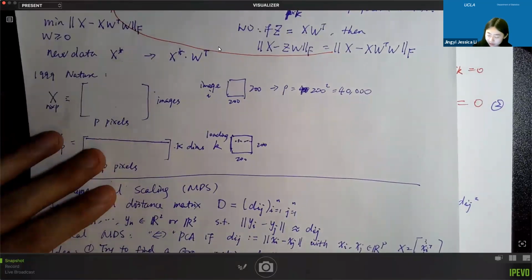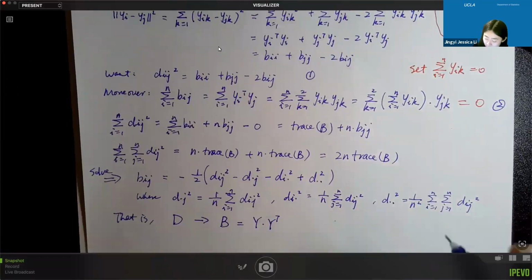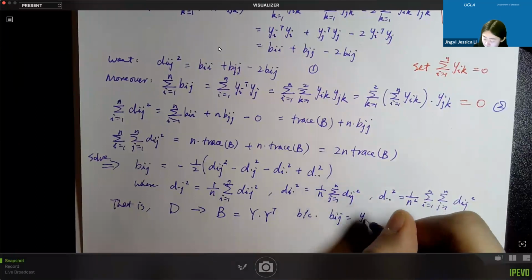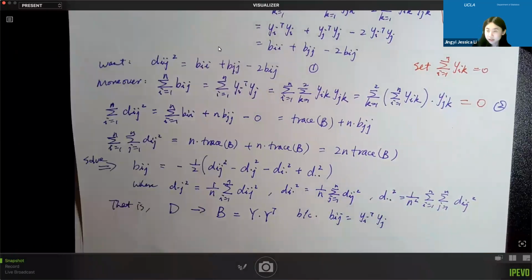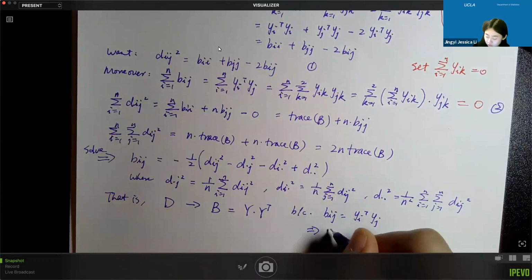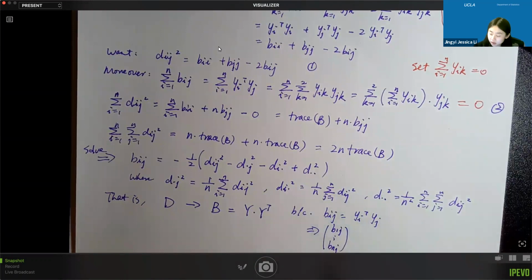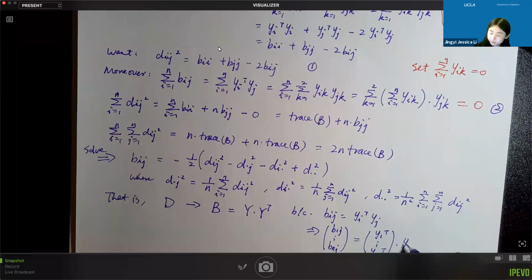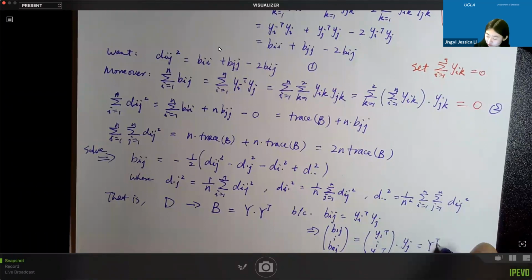I should lay it out more clearly, because this Bij is equal to Yi transpose Yj. If I stack B1j to Bnj, that's the jth column of B. I would actually have Y1 transpose to Yn transpose times Yj, and that gives me Y transpose Yj.